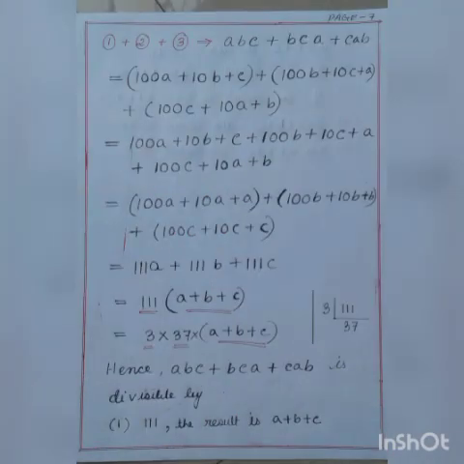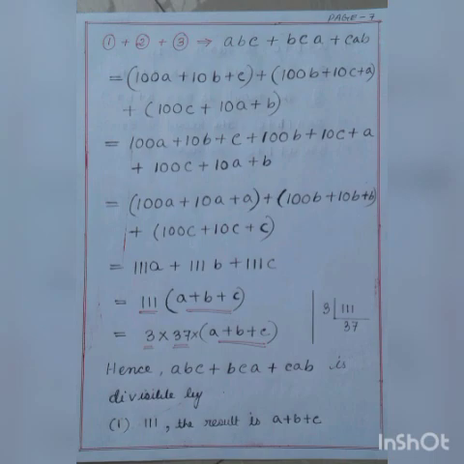Now I shall add the three equations 1, 2 and 3. I get ABC plus BCA plus CAB equal to 100A plus 10B plus C plus 100B plus 10C plus A plus 100C plus 10A plus B. I have grouped together the same variables.